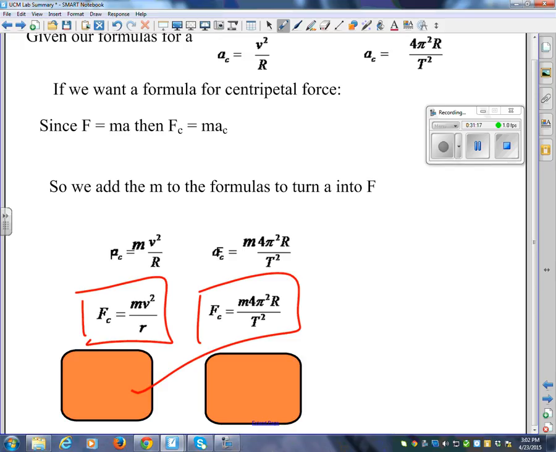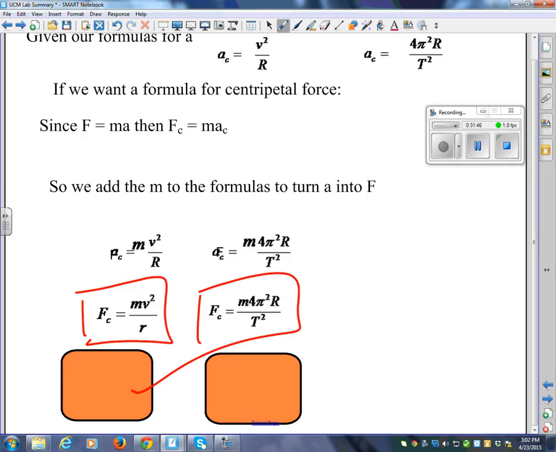Centripetal force is mv squared over r. You will use that a lot in the next week and a half or so. mv squared over r. And putting an m in front of the other one, m 4 pi squared r over t squared. Say that real fast 10 times. No, don't. It's hard enough to say once slow. m 4 pi squared r over t squared.